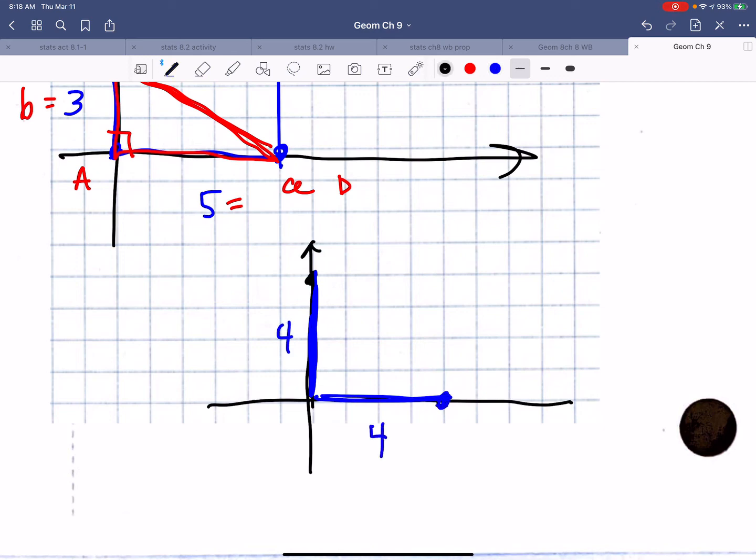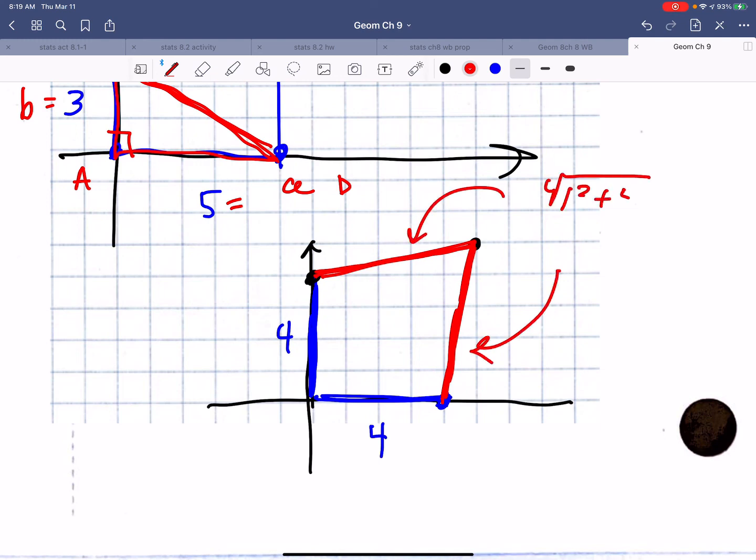And then from this point, I think it went up 1, over 5. So it landed there. Notice here as well, this one goes 1, 5. So this will be a kite because these two lengths are the hypotenuse of a 1, 5 triangle, and this length is the same thing. So this is definitely a kite. This and this are both equal to this distance.